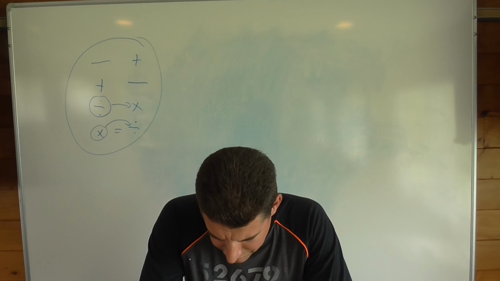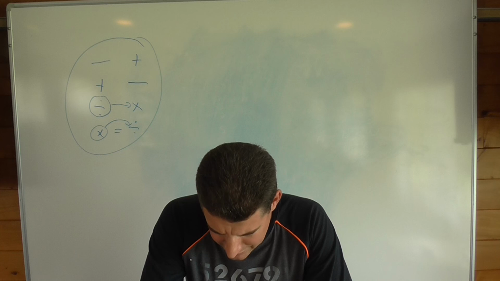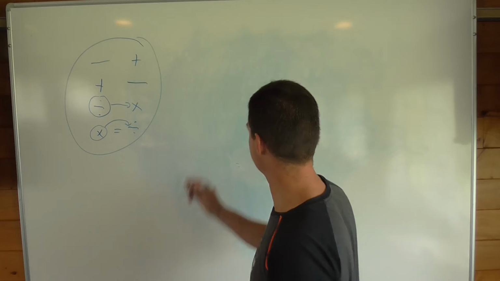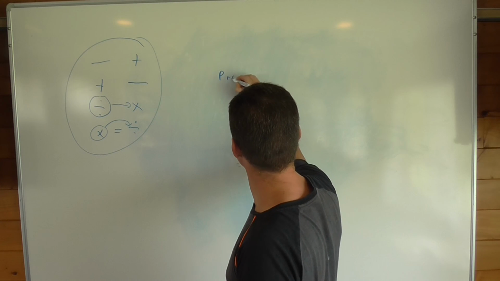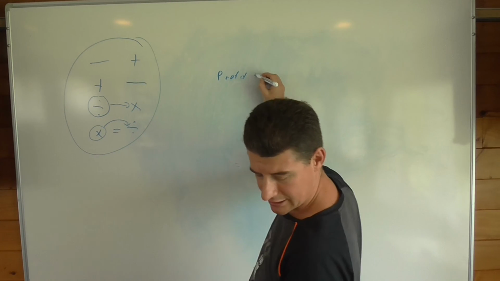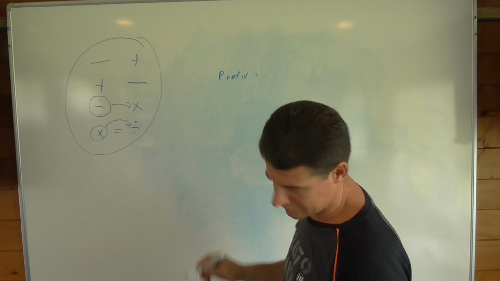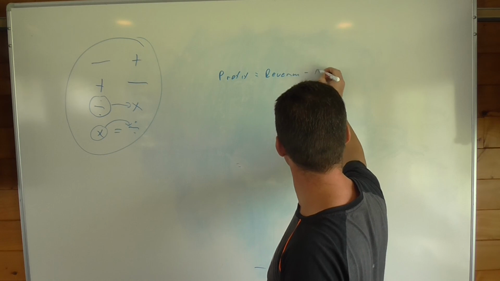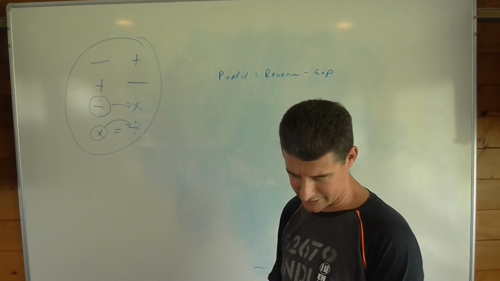Determine the expenses of a business if the profit for a year is 300,000 and the revenue is 840,000. So you've got your profit equals your revenue minus your expenses. Am I right?